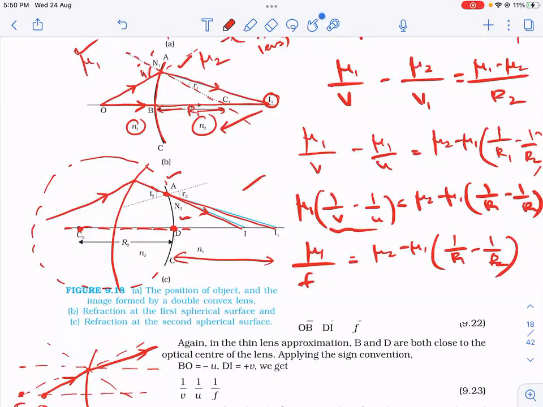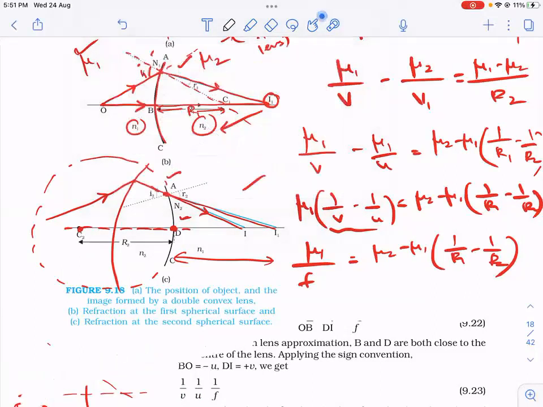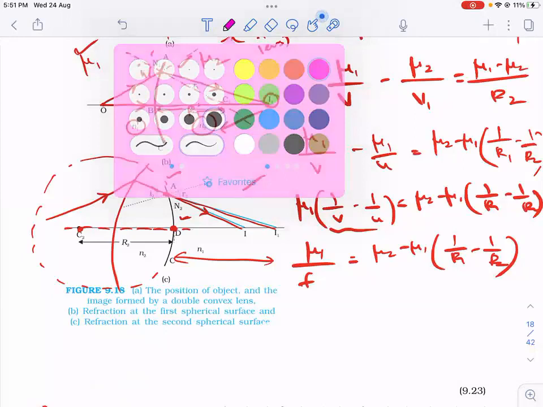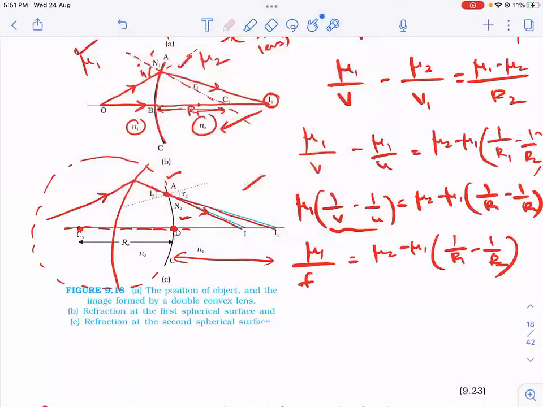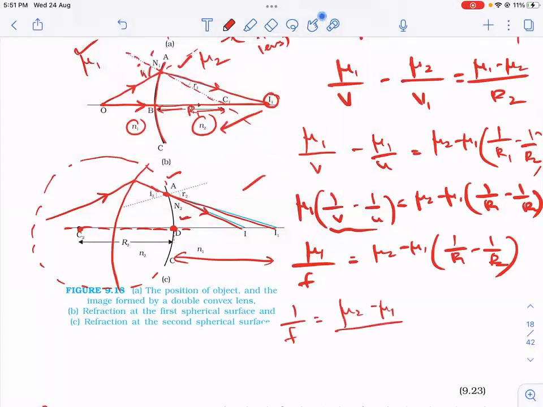So what will 1 by f be equal to? Rearranging mathematically, you will get 1 by f is equal to mu2 minus mu1 divided by mu1 into 1 by r1 minus 1 by r2.